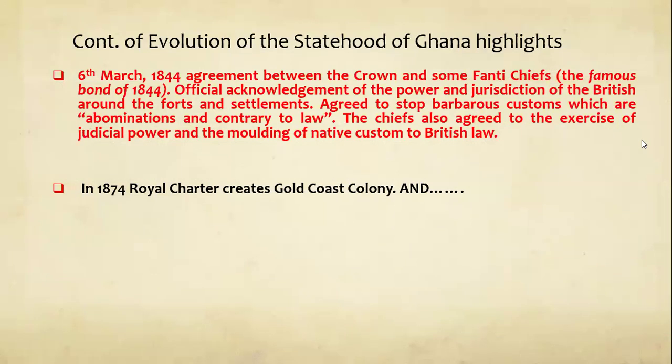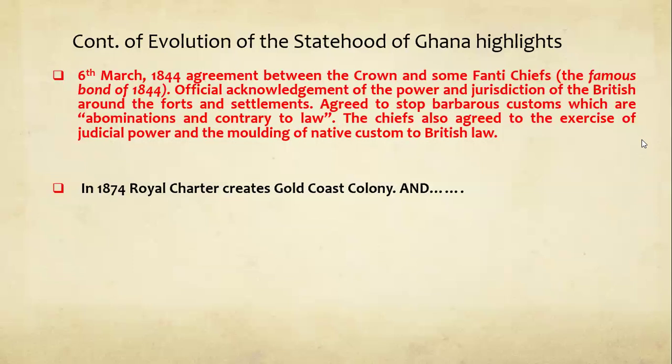And I said you should note the date, the 6th March, because our independence too will be declared on the 6th March. So an argument has been made by some commentators that, in a sense, the Bond of 1844 constituted official acknowledgement of the power and jurisdiction of the British around the forts and settlements.